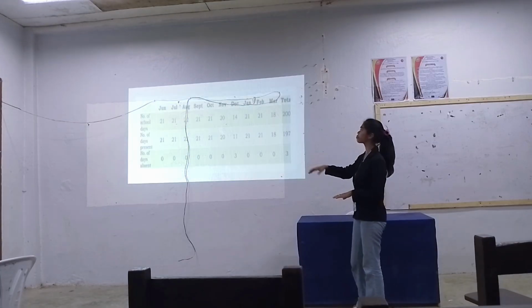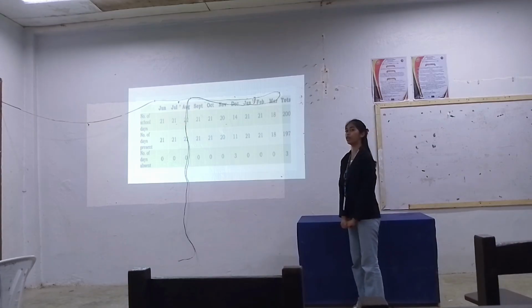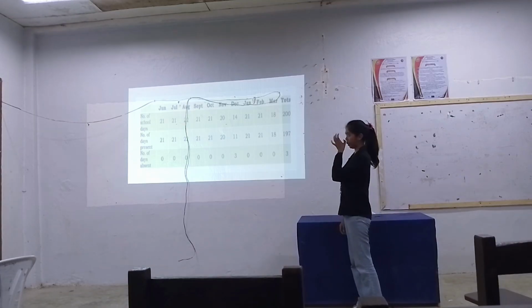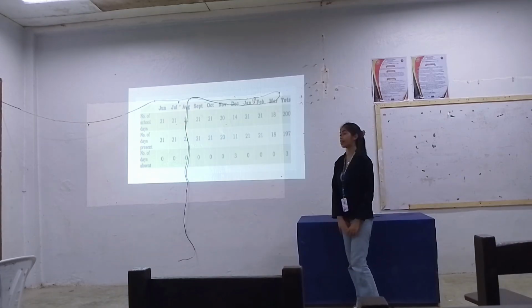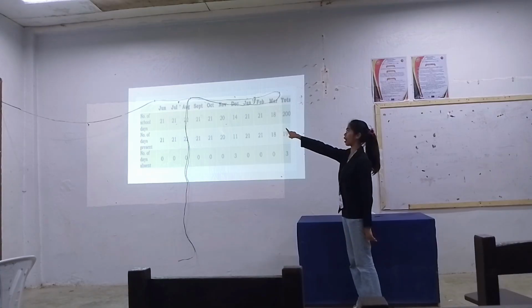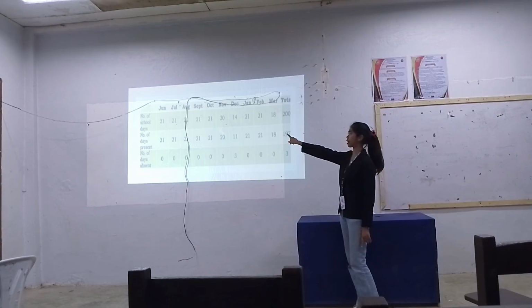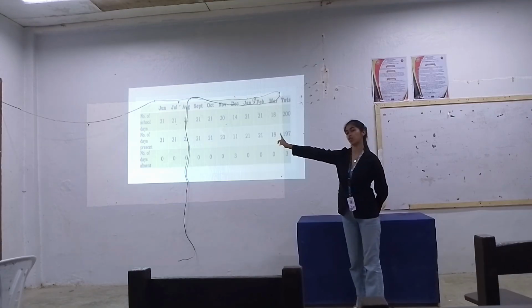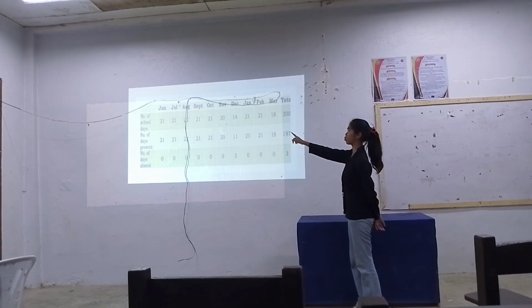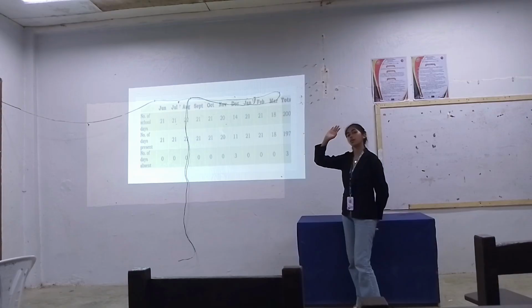Next. So this is an example of attendance. Here you can see the months. In the first line is the number of school days, which is 21 days in June, 21 days in July, 22 days, and so on and so forth. The equivalent total is 200 days per academic year.